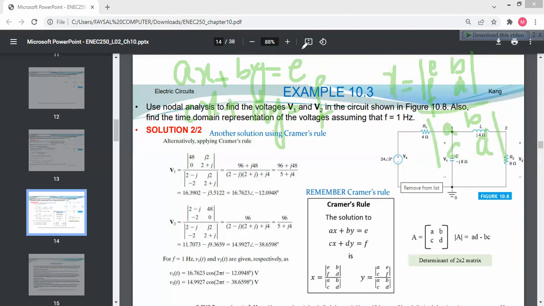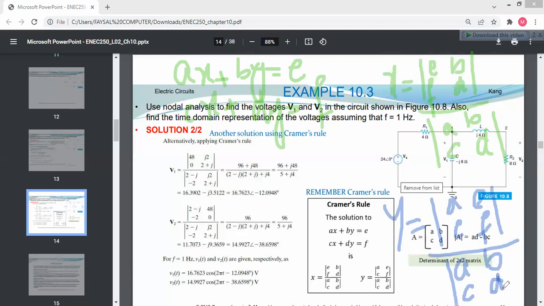So this is for my first parameter, x. Now for y, it will be a, c, e, f, divided by the determinant, which will be a, c, b, d. So this is the way to find the value of x and y for the system.